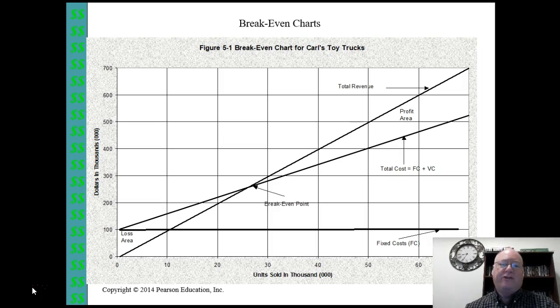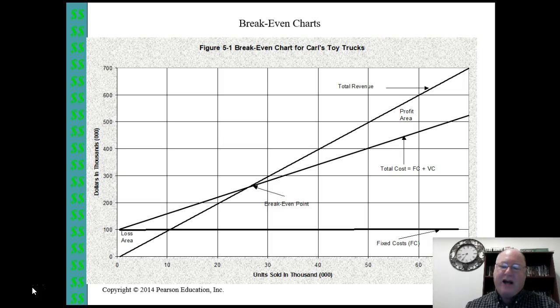And you can see what your total revenue is, and there's always a certain point where, when your revenues get above a certain amount, you start to make a greater and greater profit. And when your revenues are below, you start to have a greater and greater loss. Your break-even point is where those lines cross, and you're going to be driving your sales higher while still trying to manage or control your fixed costs and your variable costs.